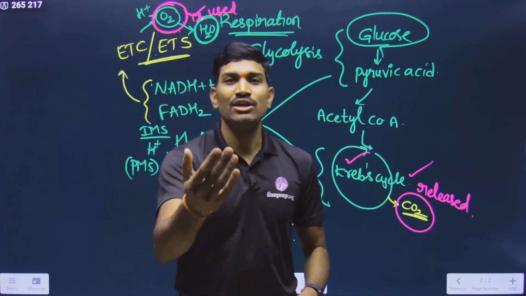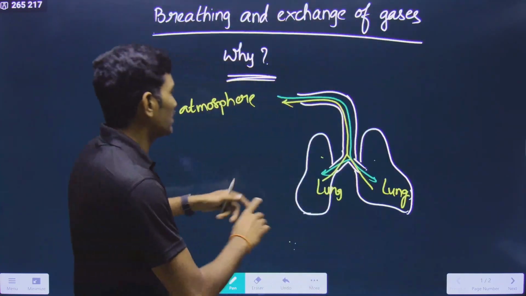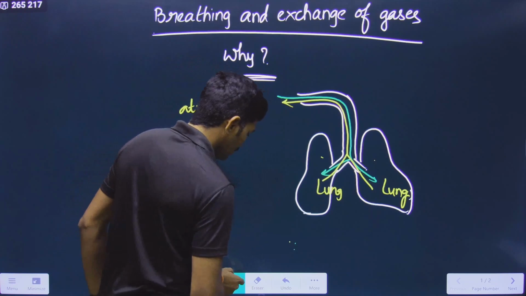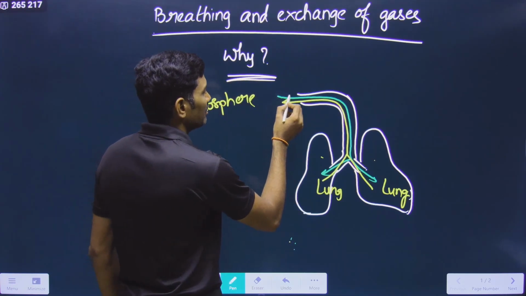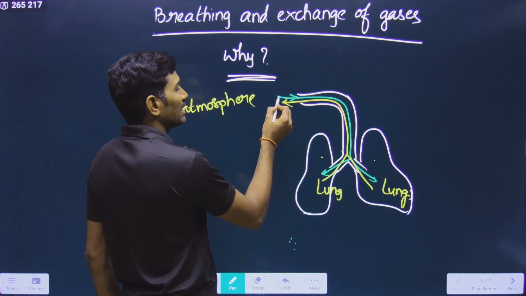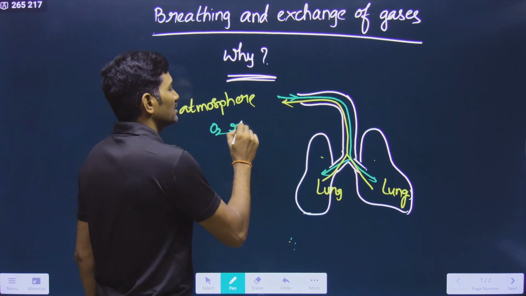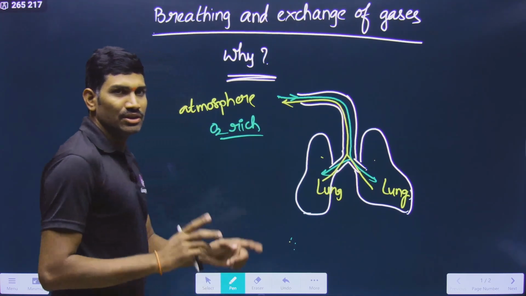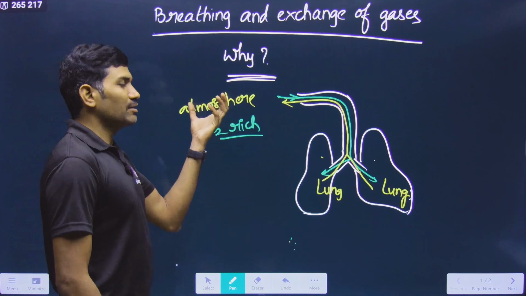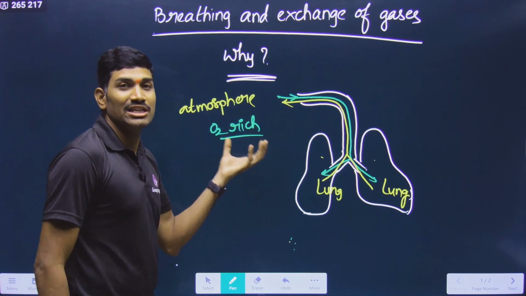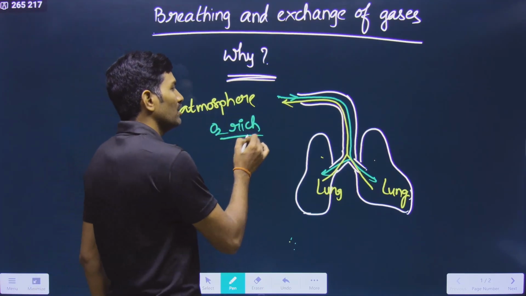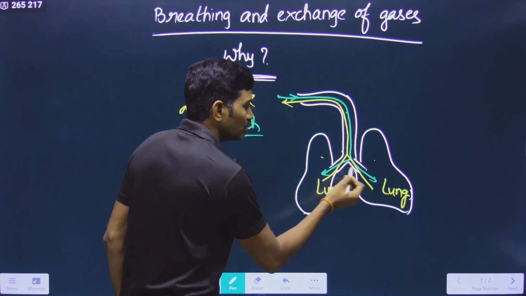So during inspiration, now come to this particular one. Here I am using the green line. In the green line, what is happening? Air from the atmosphere is oxygen rich. Between oxygen and CO2, the atmosphere is rich in oxygen. This oxygen is taken into the lungs.